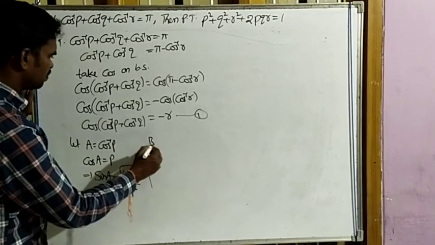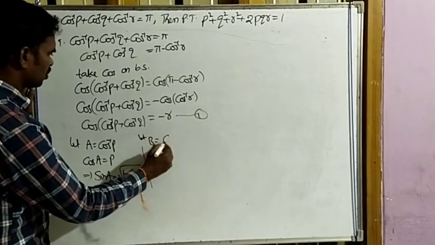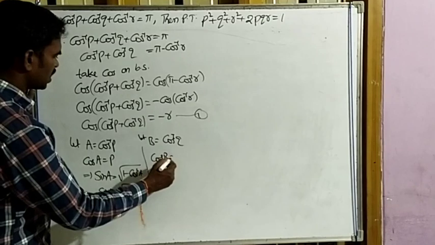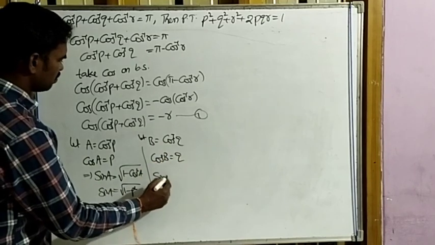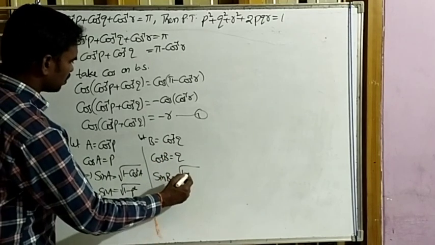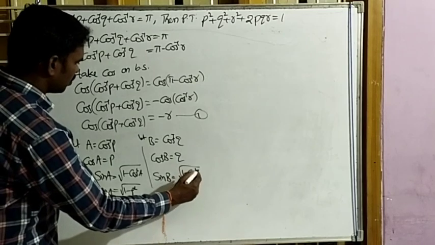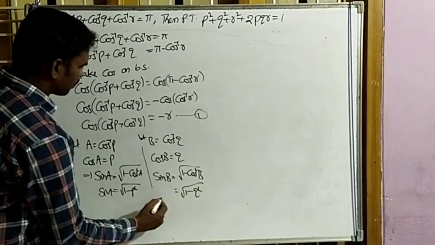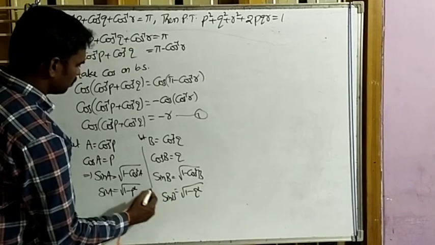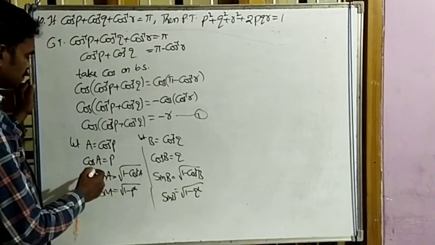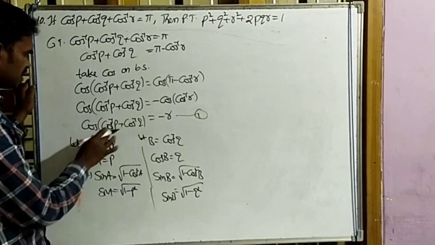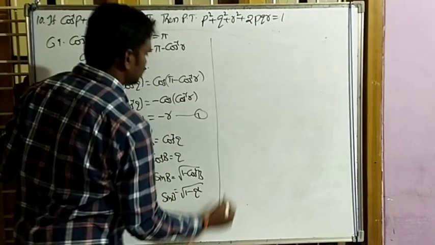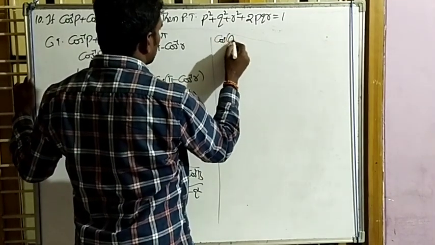Similarly, take the second one as b. Let b equal to cos inverse q. Cos inverse sent to the left side, cos b equal to q. That implies sin b equal to root of 1 minus cos square b, first identity, root of 1 minus q square. Now I am going to find cos of a plus b.